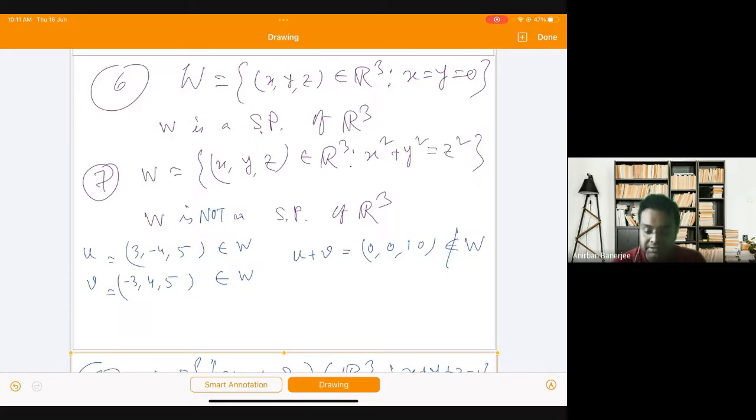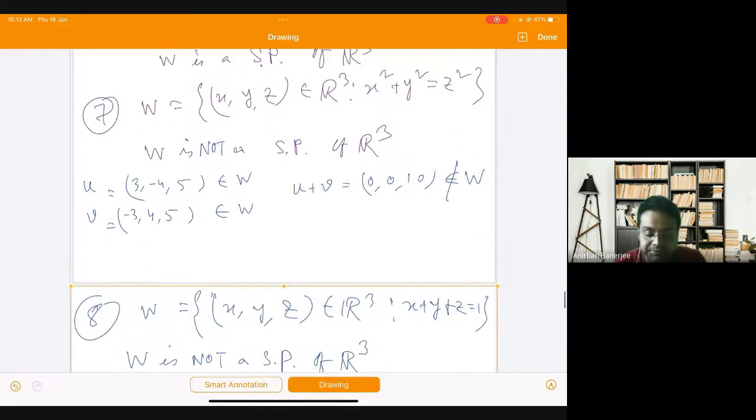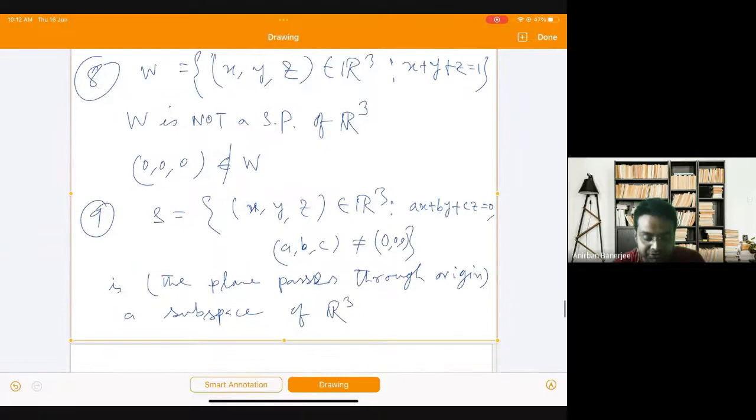I mean, this is the whole subspace, but okay. I will talk a little later about the generation of a subspace. In example 7, this set of vectors is not a subspace, and 8 is also not a subspace. In 9, this is a subspace.